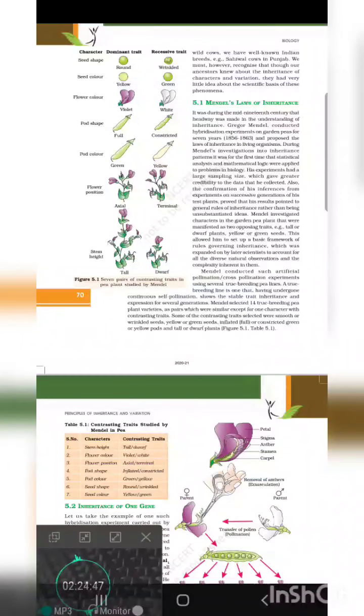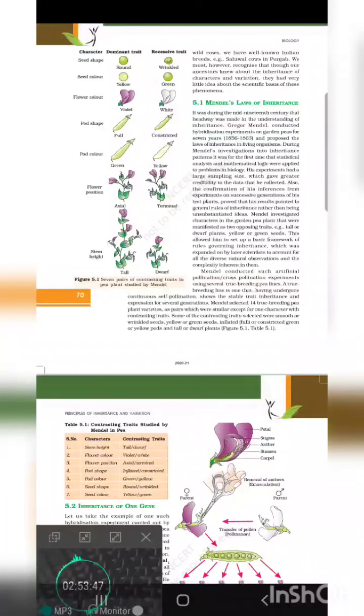Mendel selected 14 true breeding pea plant varieties as pairs, which were similar except for one character with contrasting traits. Some of the contrasting traits selected were smooth or wrinkled seed, yellow or green seeds, inflated or constricted green and yellow pods, and tall or dwarf plants.